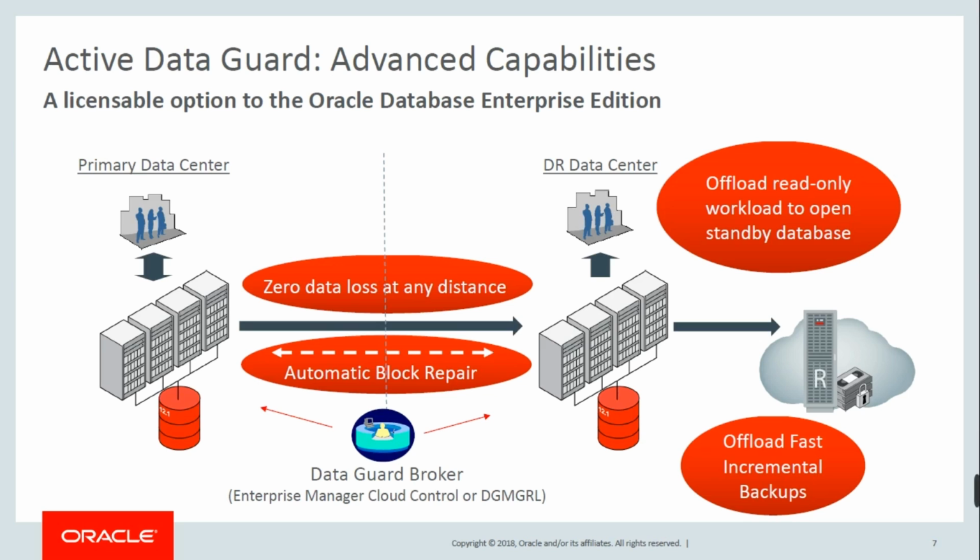Next are the Active Data Guard advanced capabilities, a licensed option for Oracle Database Enterprise Edition. You can see in the picture the primary data center and the DR data center, with zero data loss at any distance, regardless of the distance between the primary site and the standby site. There is automatic block repair, and offloading of read-only workload to open standby databases as well as fast incremental backups.